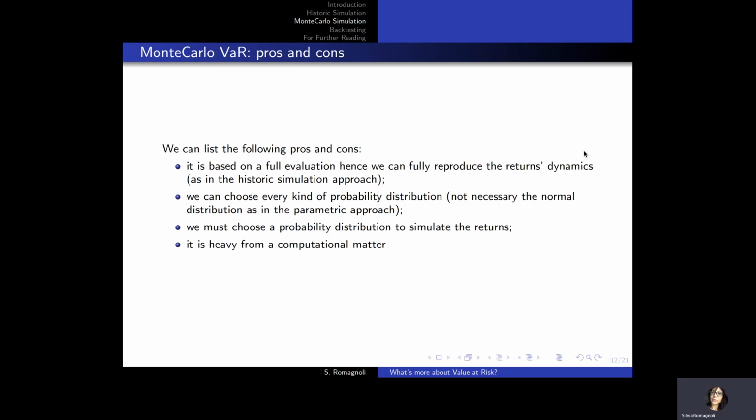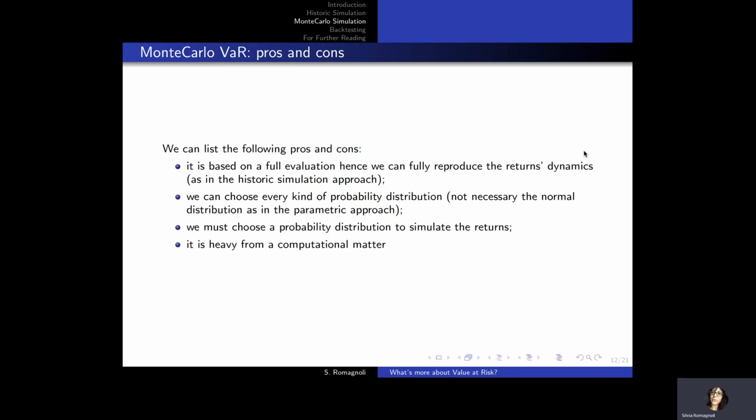We can list the following pros and cons of the Monte Carlo simulation. First of all, it is based on a full evaluation. This is a good thing, as you can fully reproduce the returns dynamic, obviously as in the historical simulation approach, as we mentioned before.